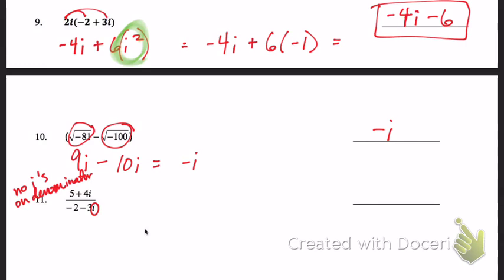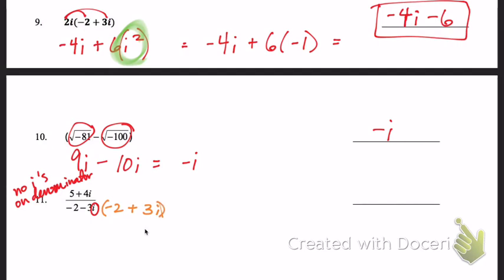The only way to do that is to multiply by what? In order to get rid of the i on the denominator, I'm going to multiply by what we call the conjugate, or just the opposite. It's the same thing as the denominator, you just switch the sign in the middle. So if I have negative 2 minus 3i, the conjugate of that is negative 2 plus 3i.